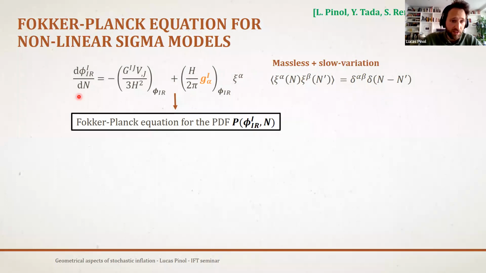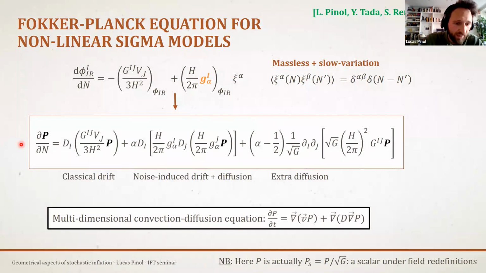So from this, we can derive the Fokker-Planck equation for the PDF of the infrared sector of n scalar fields. So we can derive the same Fokker-Planck equation, but for this multidimensional PDF. What we find again, without surprise, is still a convection-diffusion equation, but now it is multidimensional. So you see that it is just more general.